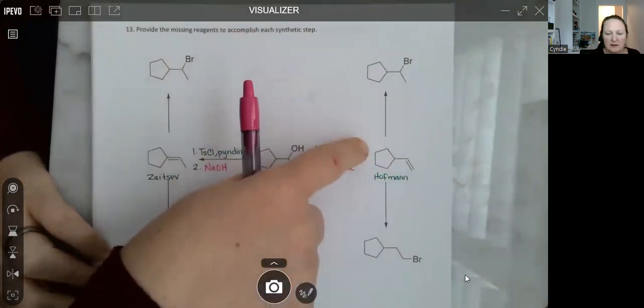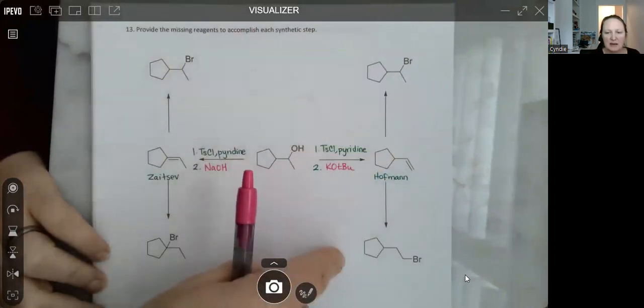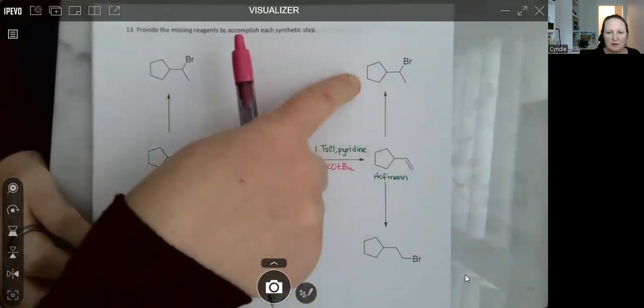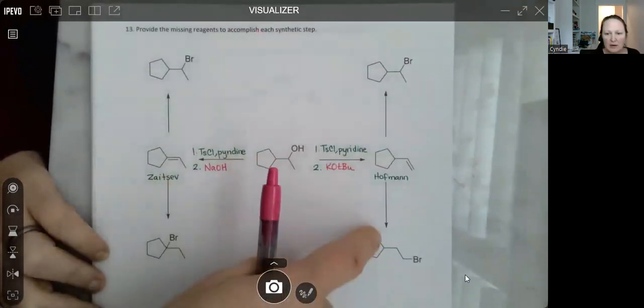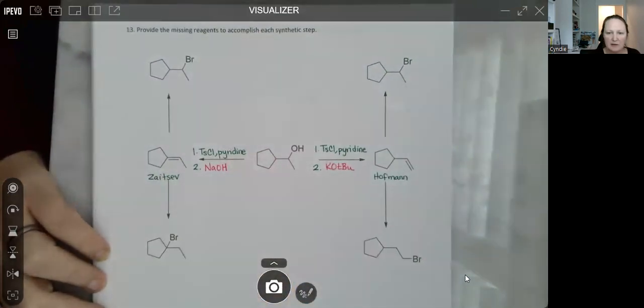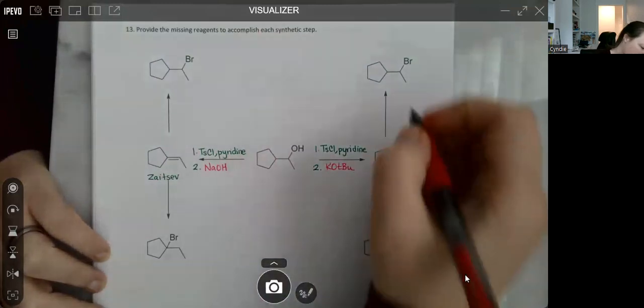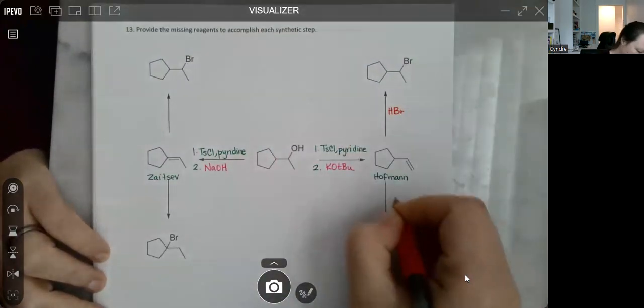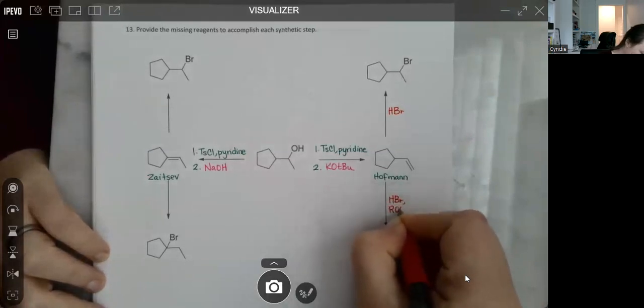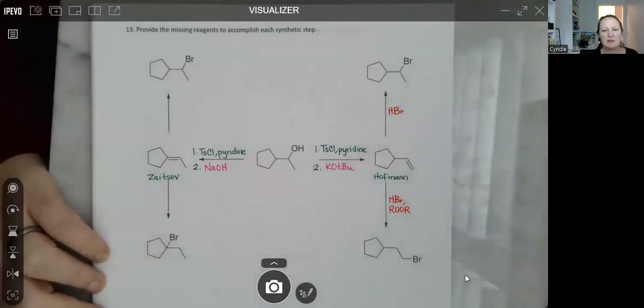the double bond, right? So that's what's happening whether you go up or down. So we're either adding H and Br Markovnikov or H and Br anti-Markovnikov. Note that Markovnikov would just be HBr, and anti-Markovnikov would add in HBr with peroxides.